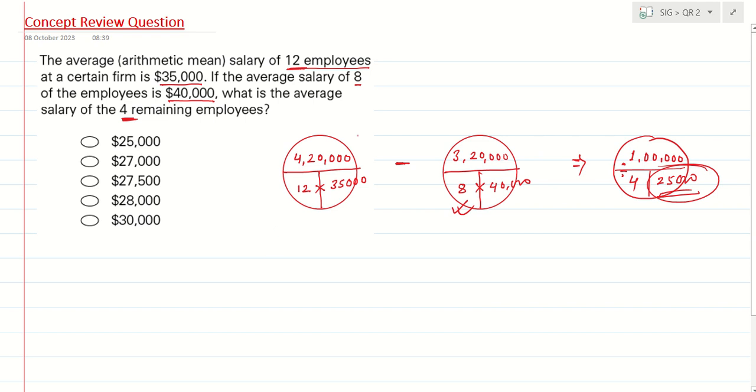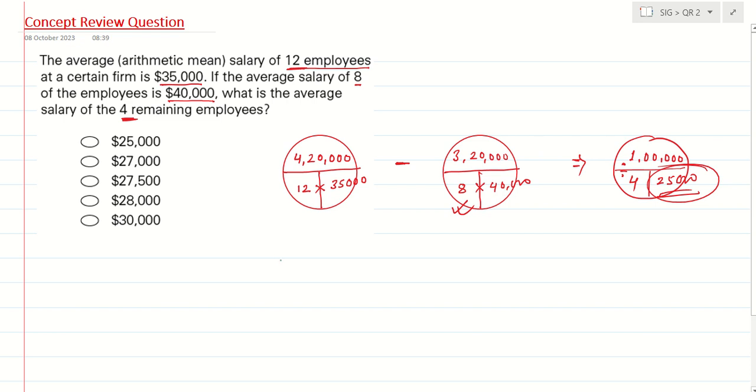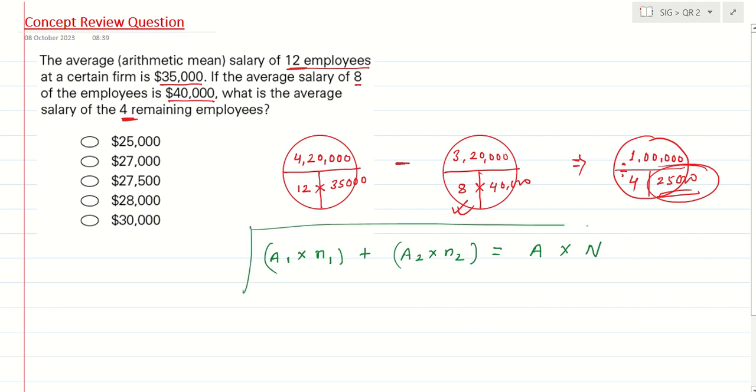Or if you want to understand the other way, the methodical approach, very simple. Can I say A1 into N1 plus A2 into N2 equals the total summation, A into N. What is A here?